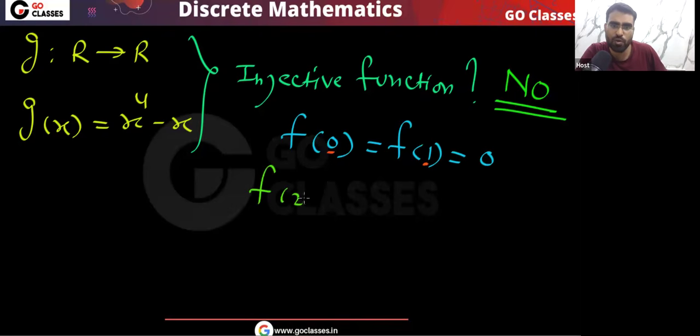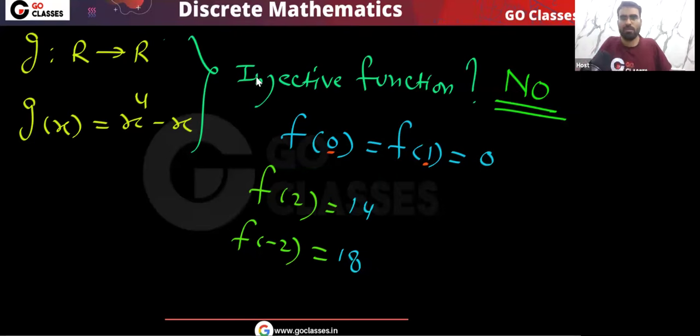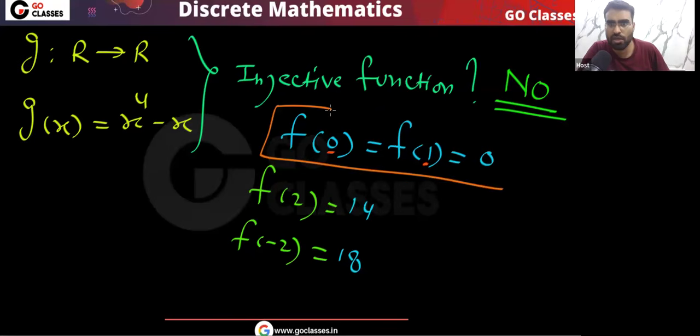Tell me what is f(2) and what is f(minus 2)? They are different: f(2) is 14, and f(minus 2) is 18. But you can easily see here, this is your counter example. You got the counter example that different elements have the same image.